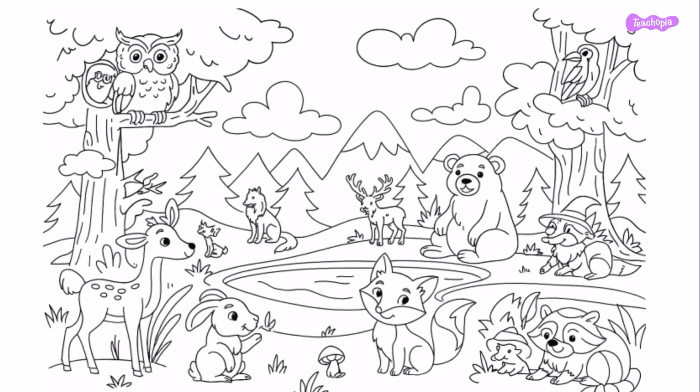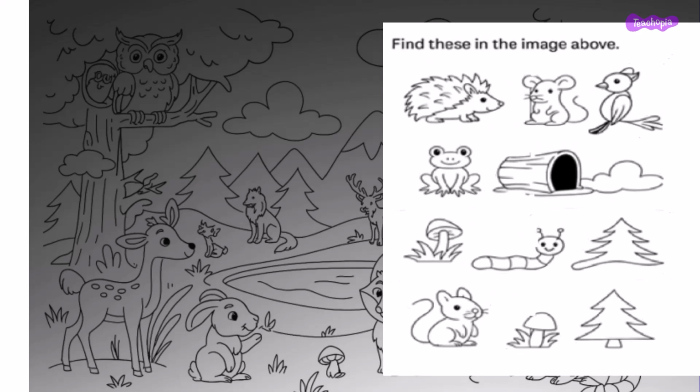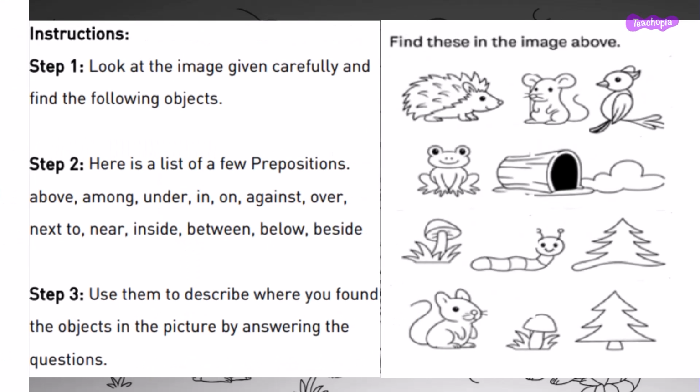Here, we have a picture and we need to locate some of the objects given in this particular list in this picture. The steps or instructions to find these objects are given in the learning sheet below the activity or the image. We need to look at the image carefully and find the objects.